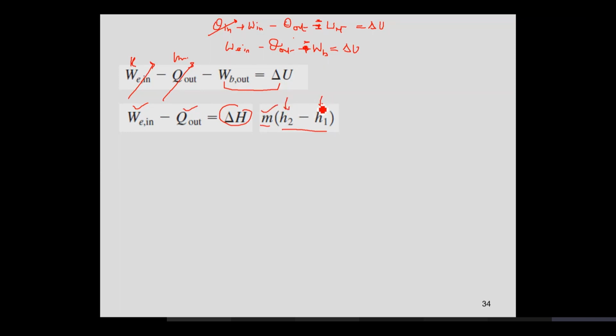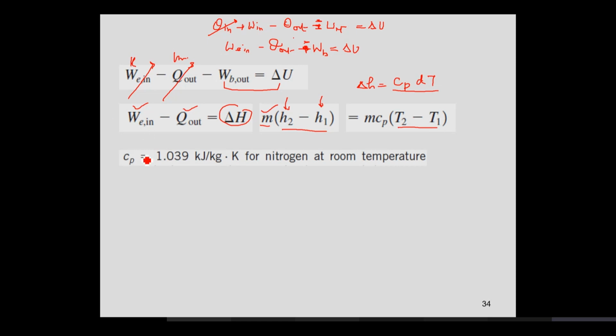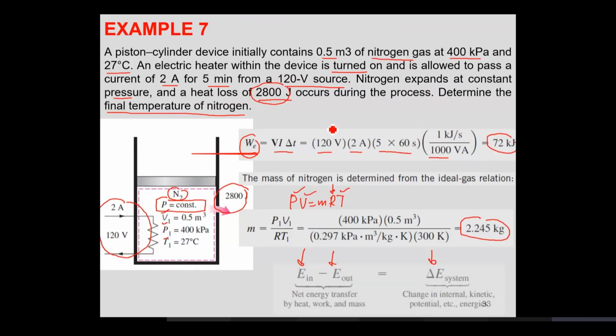H2 minus H1 is of importance, and this delta H for an ideal gas is also written as integral of Cp dT, which is Cp times T2 minus T1. You know the Cp value for nitrogen at room temperature, since your temperature is 27 degrees centigrade.